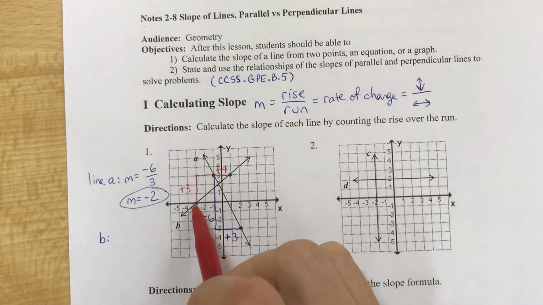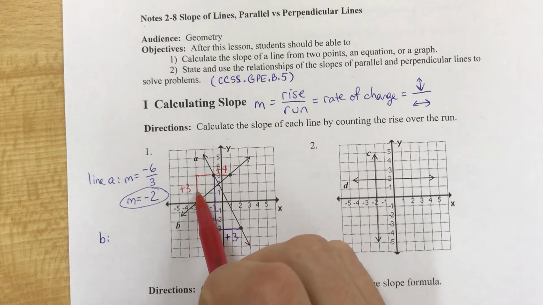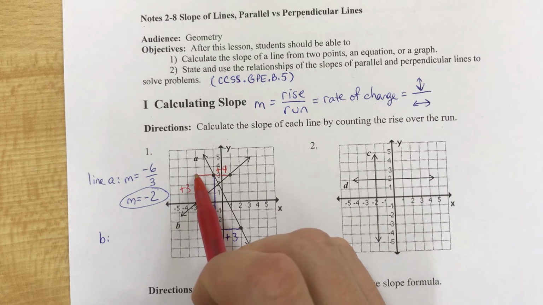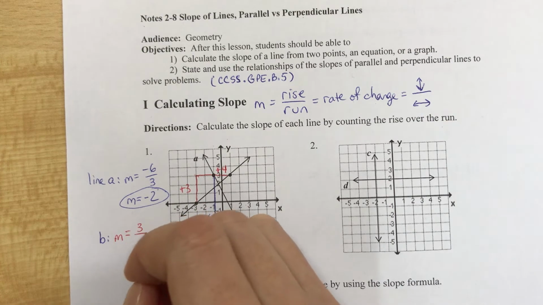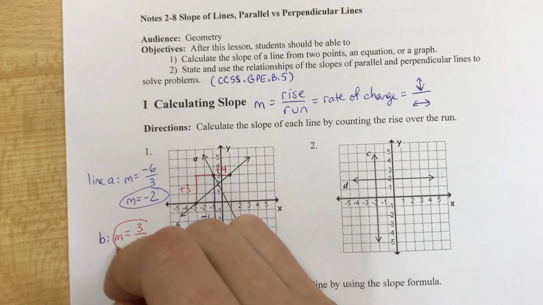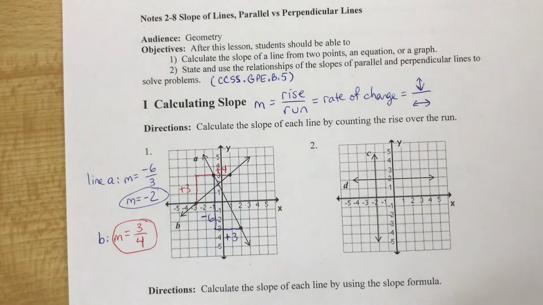When I count, the point is not 1. It's when I first make my move. So 1, 2, 3. And then from here, this is not 1, it's when I first move. 1, 2, 3, 4. So the slope is 3 over 4. Okay, so that's the rate of change.